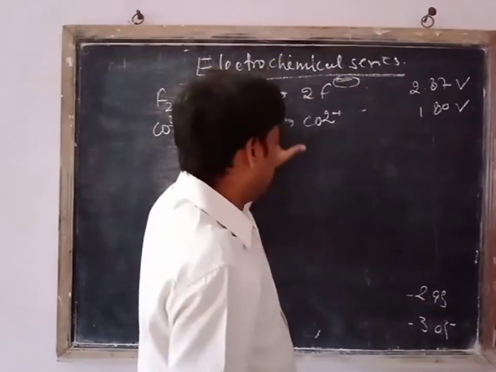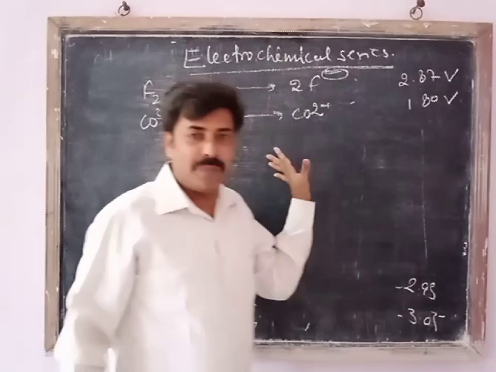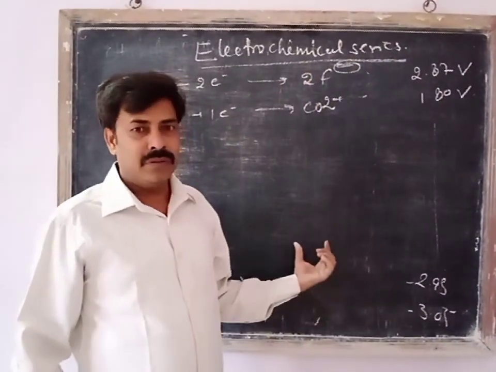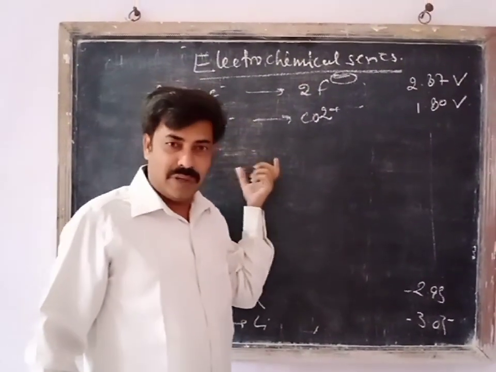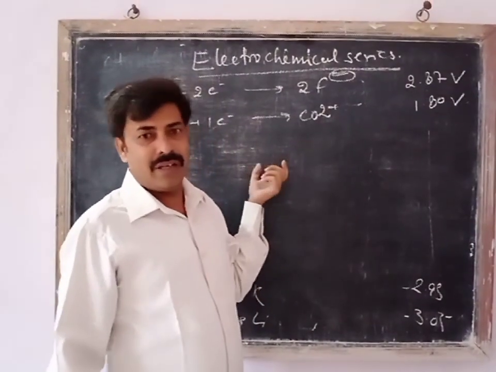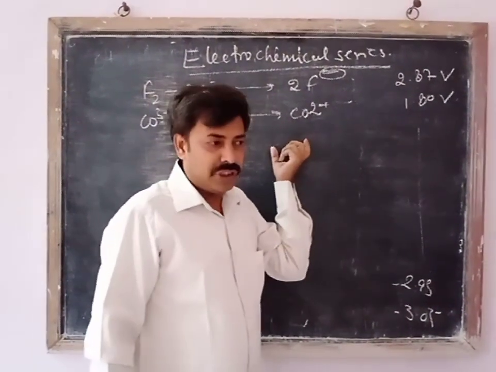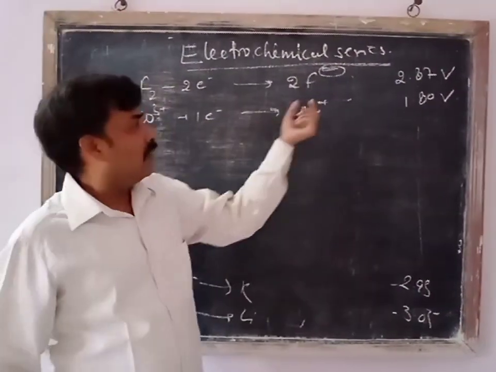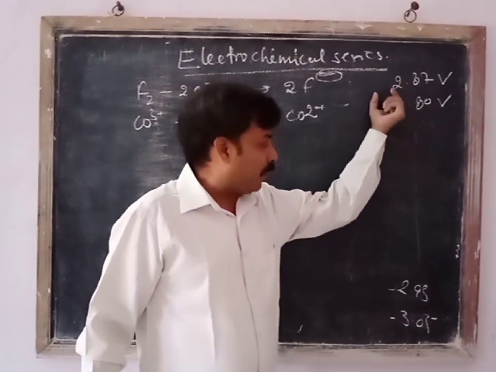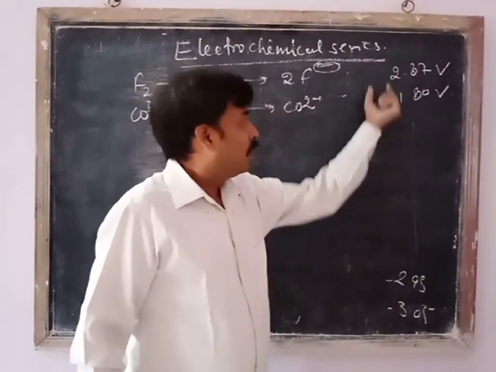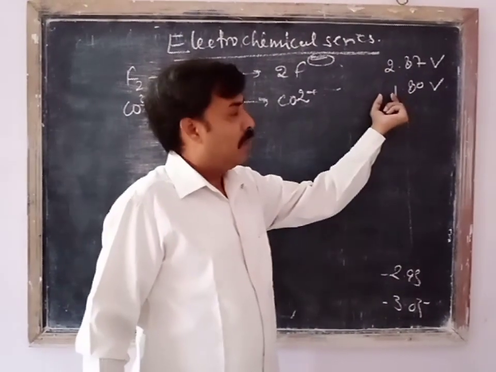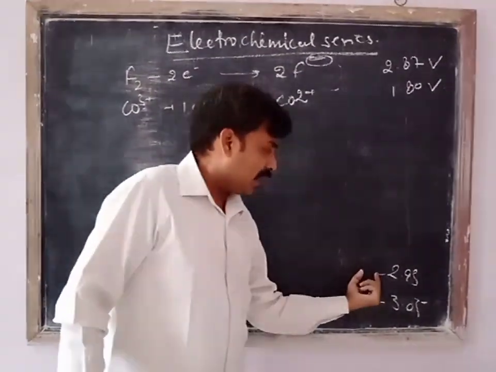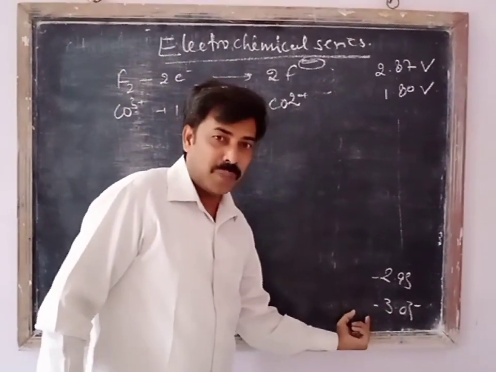In this way you can see that the value decreases from top to bottom. This is not the complete electrochemical series, I have written only 4 values. The electrochemical series is given in your book, you can see it and discuss these topics. The values go from plus 2.87, plus 1.80, minus 2.93, to minus 3.05.